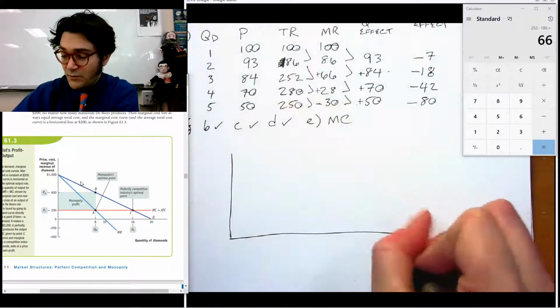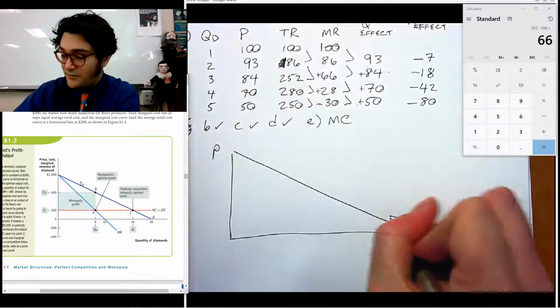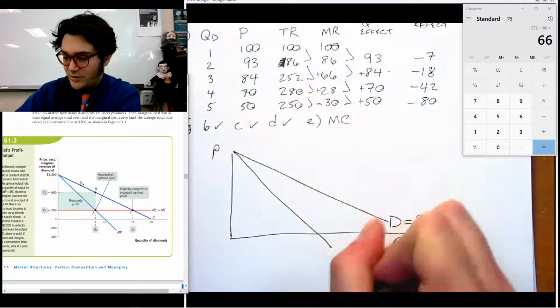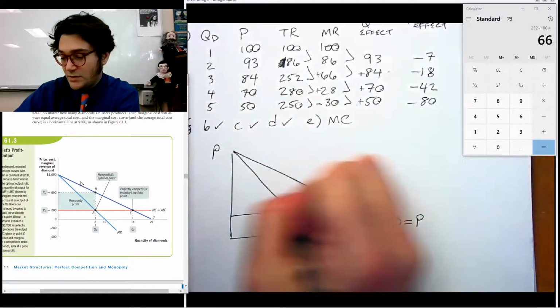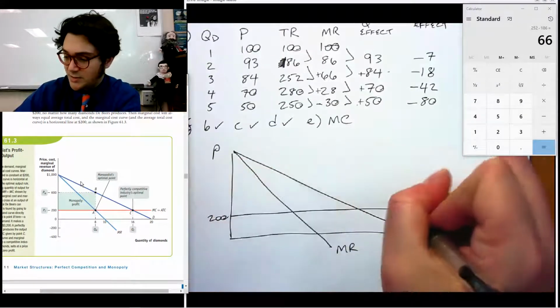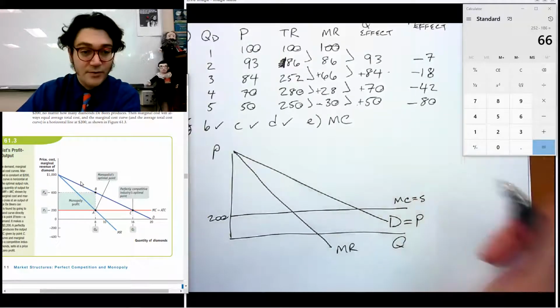So graph, quantity, price, and this is our demand curve. Here, that's marginal revenue, and we'd say this is the 200, and that's our marginal cost for the supply curve for the firm.